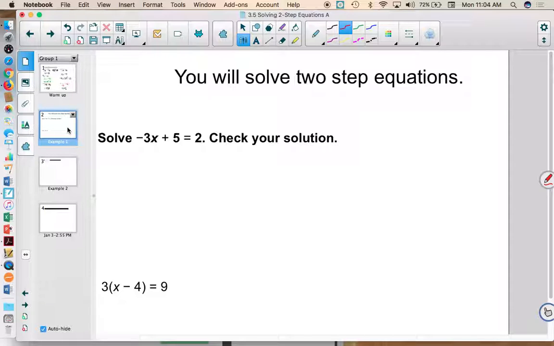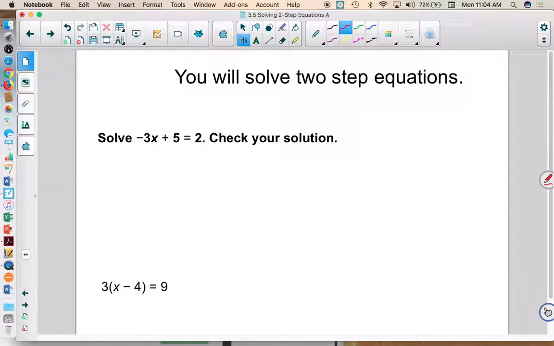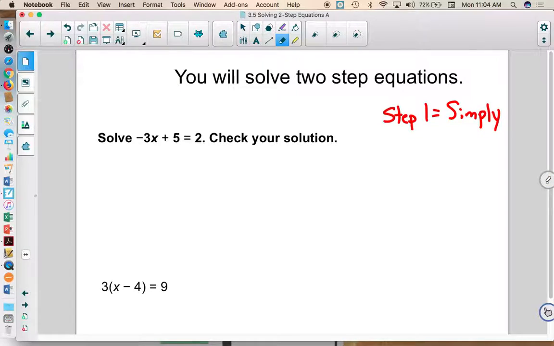One thing you need to look at when you're solving two-step equations, probably the first thing, if I wanted to think about any steps that I needed to remember, I would say step 1, simplify. Basically, I'm talking about combining like terms. If I've got anything like that, that's what I want to start with.